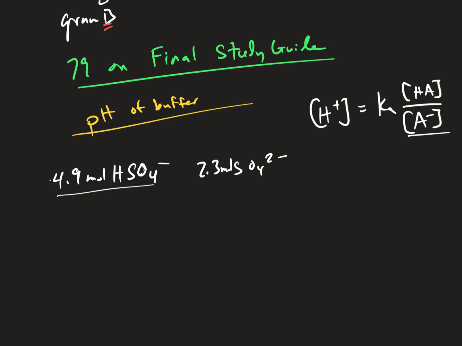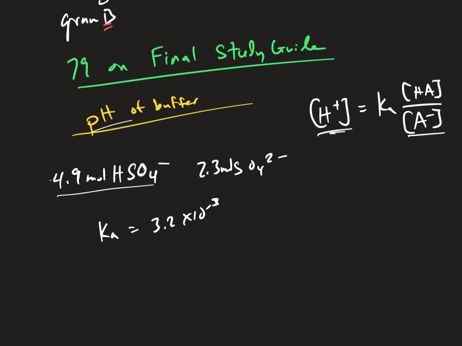And so how do we find the pH? Well, we have to find the H plus. Let's say our Ka is, and again, I don't know what it is, I'm just throwing it out there, 3.2 times 10 to the negative 3. Then you just plug these values into this equation.